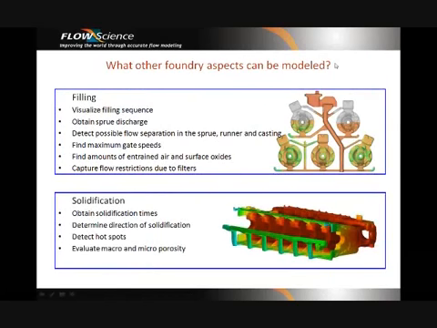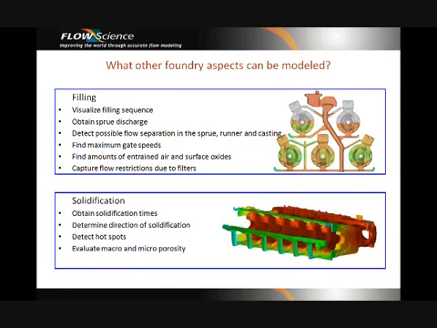Having seen the core gas modeling in Flow3D, let's take a look at what other aspects of foundry could be modeled using Flow3D. So we could model filling aspects, such as the maximum gate speeds that are important for the lost foam, so they do not exceed the recommended values. We can find the amount of entrained air quantitatively, as well as predict the surface oxides and defects.